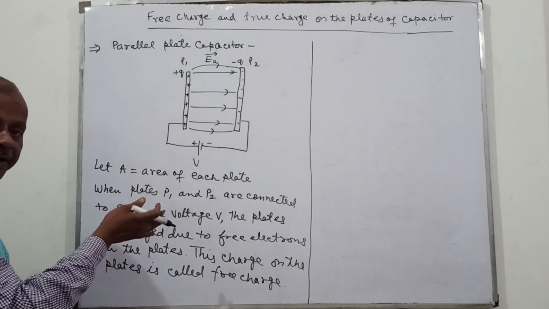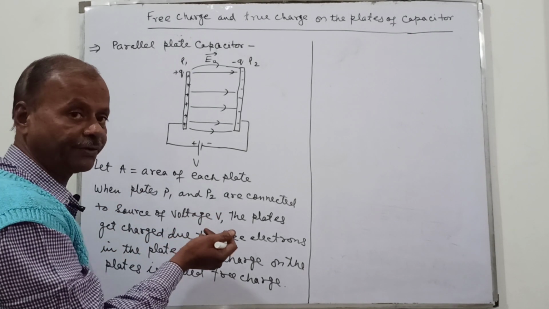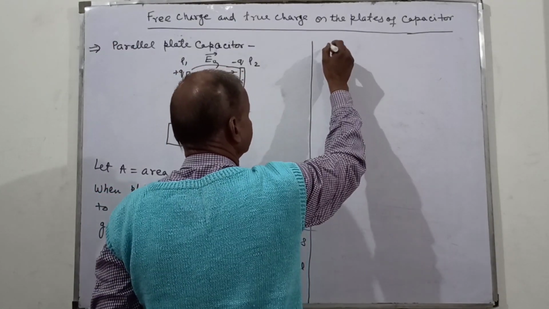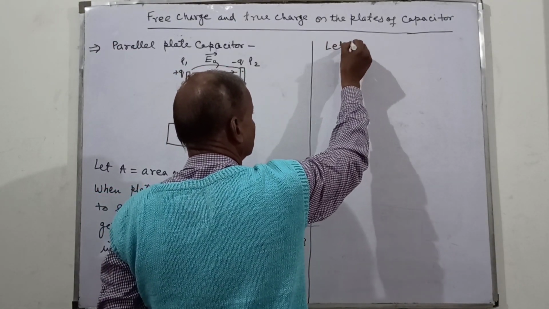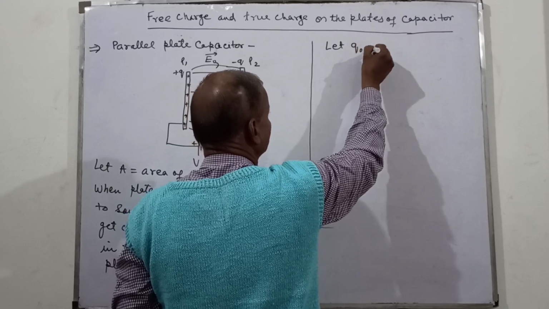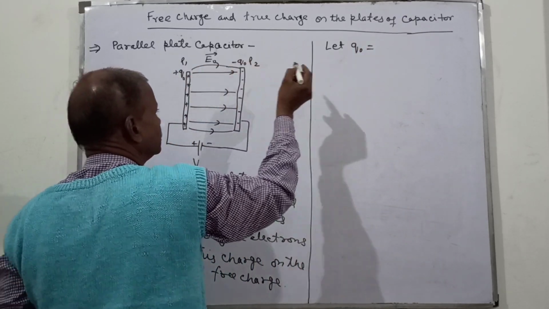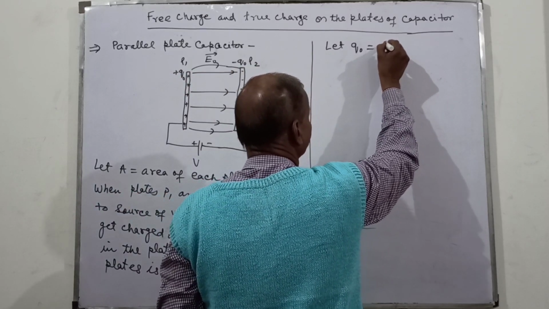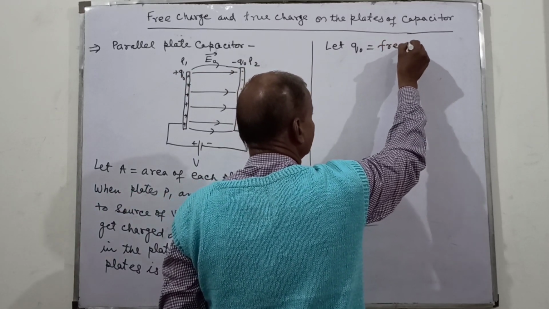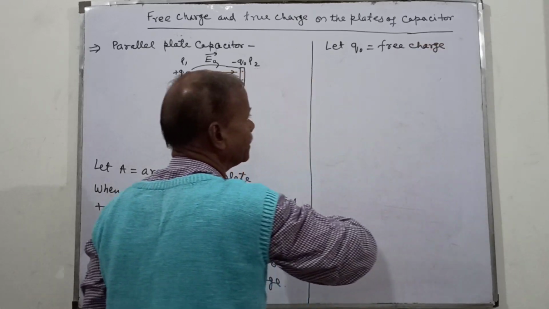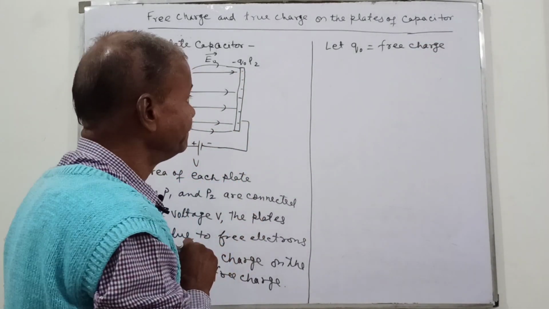So why free? Because it is due to free electrons, therefore we call it free charge. So we assume, let Q naught is equal to free charge.